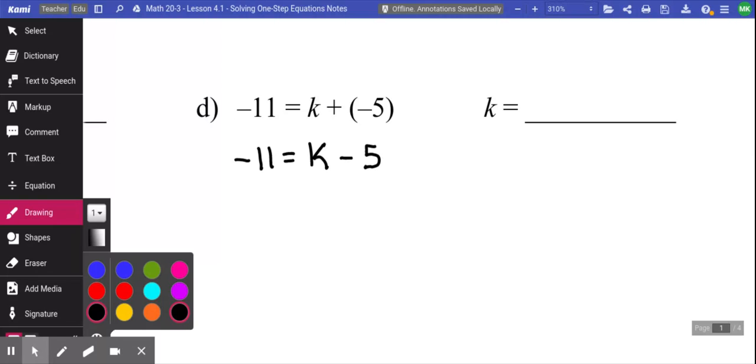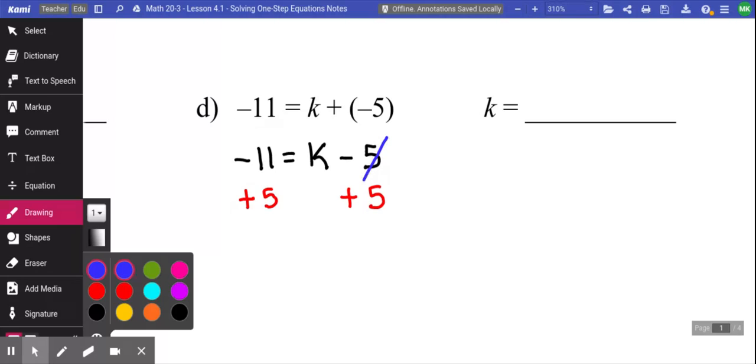So how can I move that 5 to the other side? Yes, sir. The opposite of minus 5 is add 5. So I'm going to add 5 to both sides.